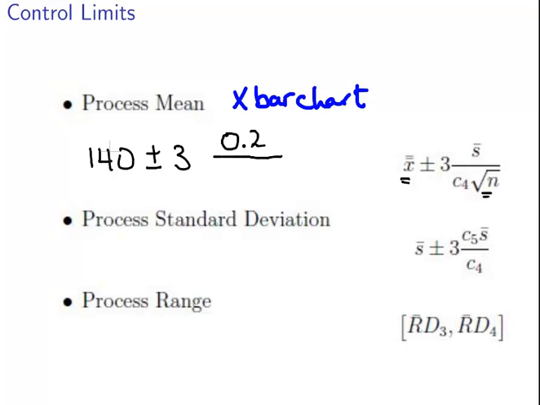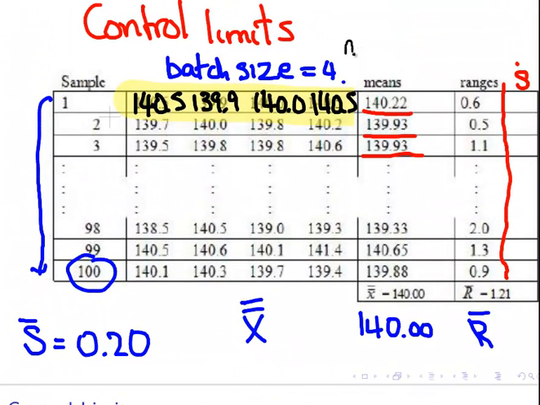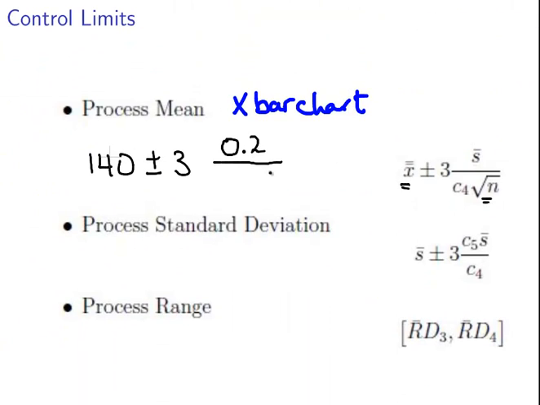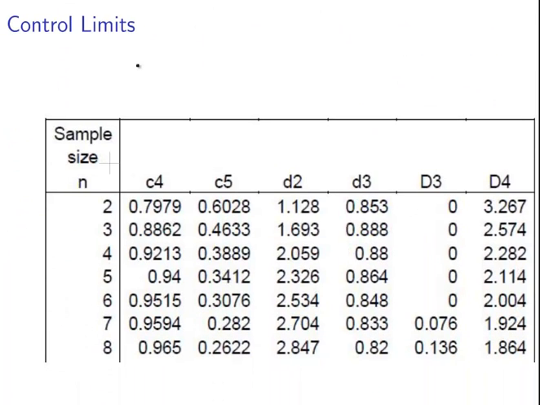In the example that we're using up here, the batch size was equal to 4, so n is equal to 4, and the square root of n is 2. Now this value here, C4, that's important. Where is that coming from? This is what is called a correction factor.